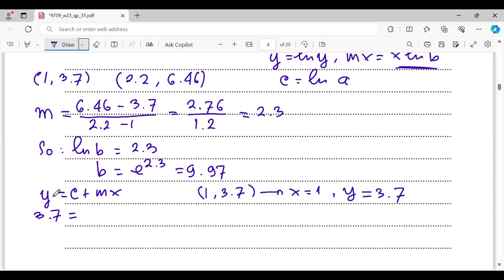So the equation becomes 3.7 equals c plus 2.3 times 1.